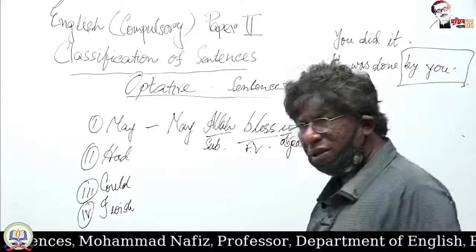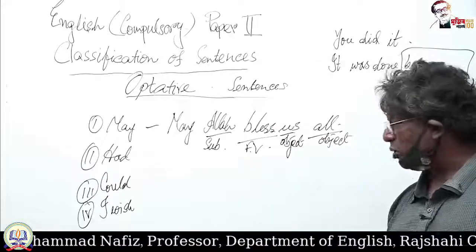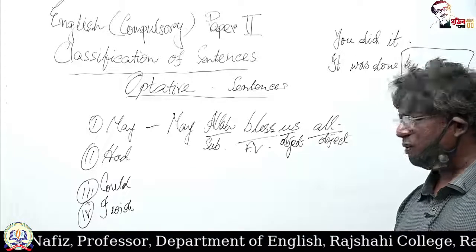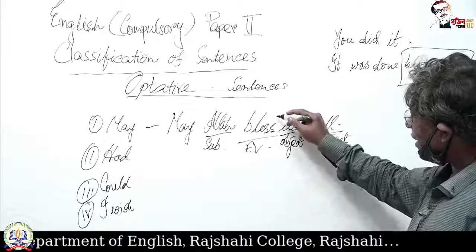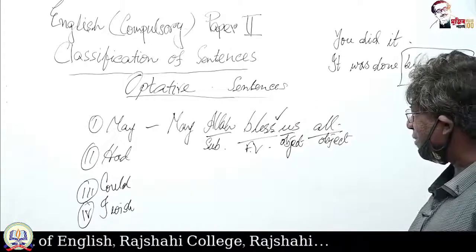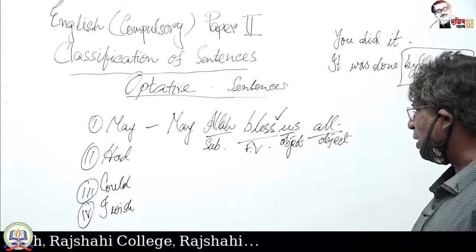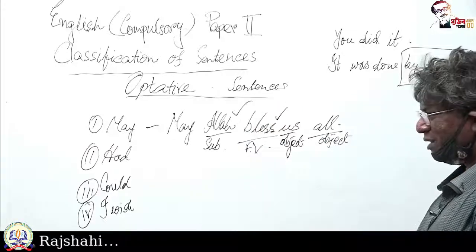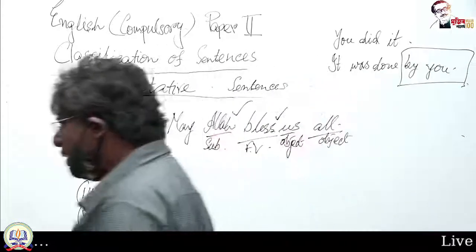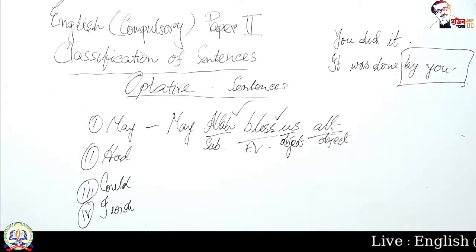One important thing to note here is that we will not use any additional s or es after the finite verb in an optative sentence, even if the subject is a third person singular one.